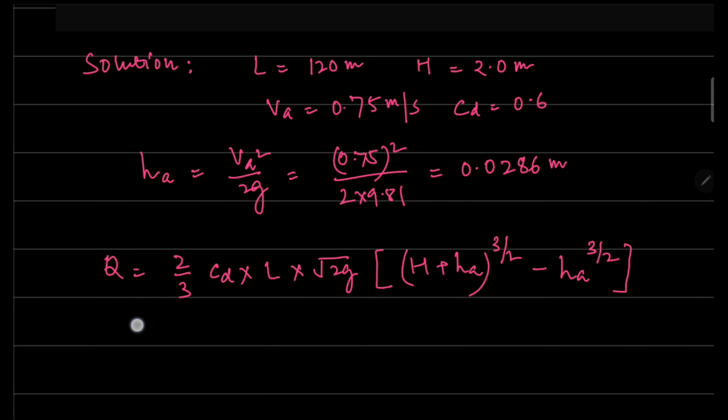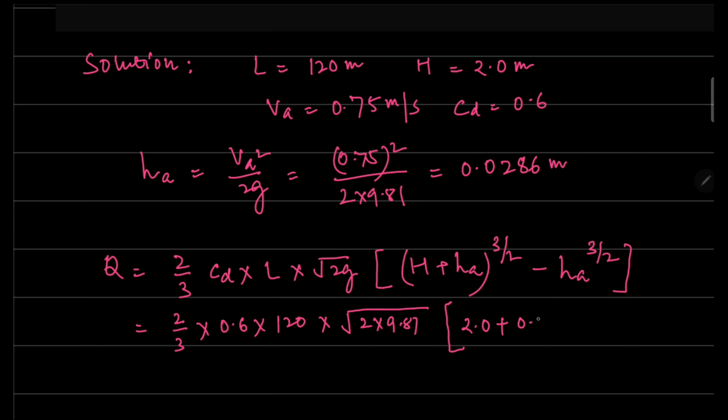Now we will put all the values, that is 2 by 3, CD is 0.6, L is 120 multiplied by under root 2, 9.81, and then H value is given to us, that is 2, plus HA is 0.0286 raised to the power 3 by 2 minus 0.0286 raised to the power 3 by 2 and bracket close.